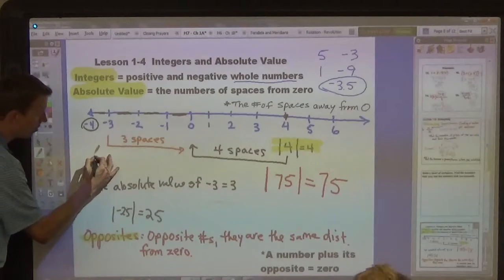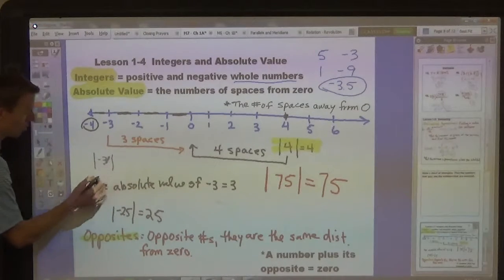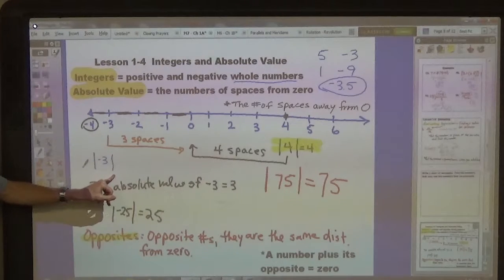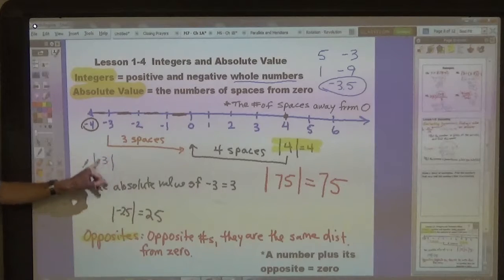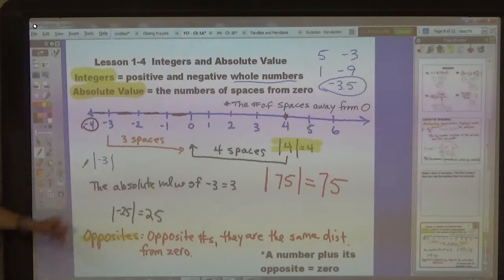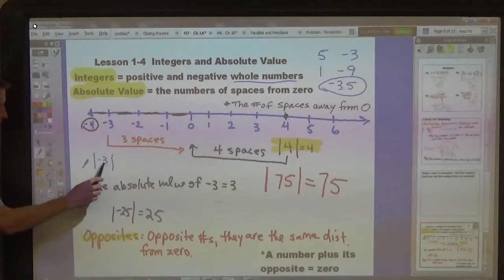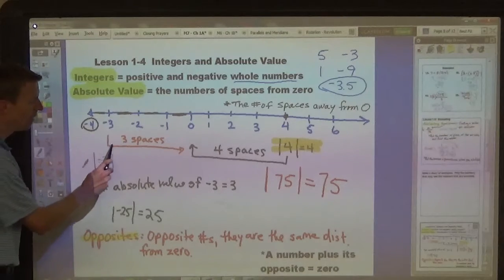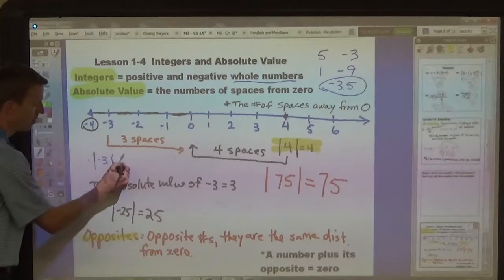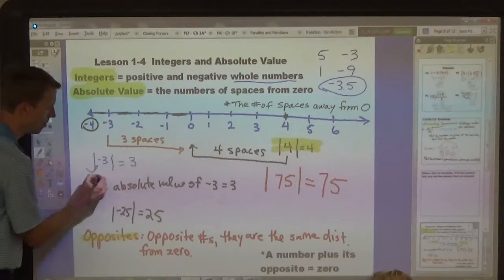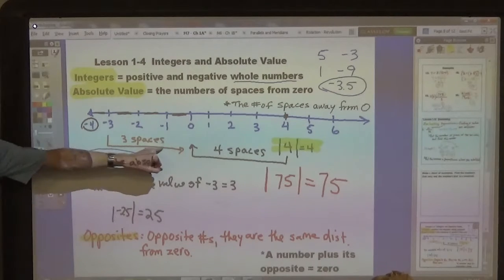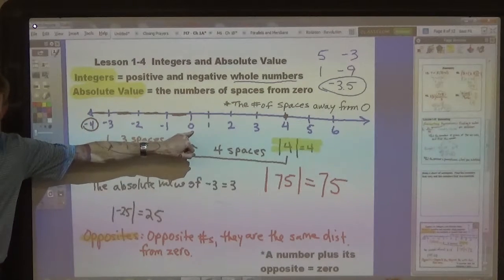The absolute value looks like this, these bars mean absolute value. When you see these bars, you say absolute value. It means the absolute value of -3 is how you read this. And the absolute value of -3 is 3. So you would write equals 3. The reason it's 3 is because it's 3 spaces from 0 on a number line.